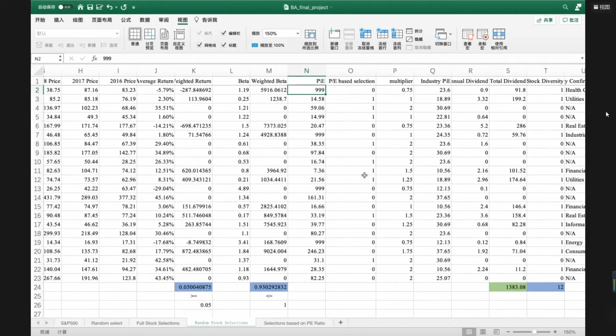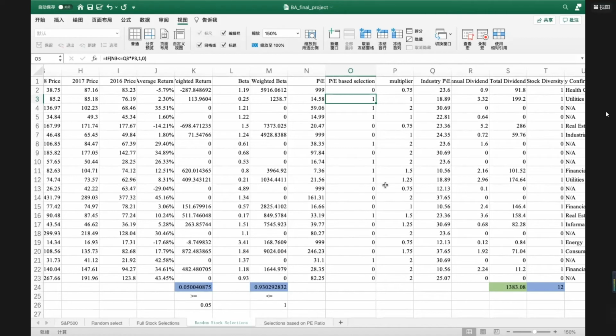And lastly, 0.5 points to the company with the negative growth rate. I think after we use the multiplier to multiply with the industrial PE, and then make a comparison between the individual stock and the industrial PE, we found it's more like a reasonable choice for our stock selection.